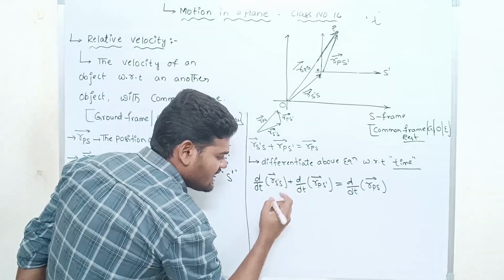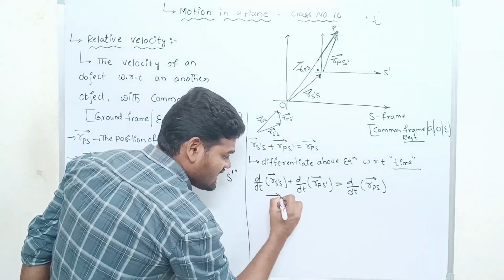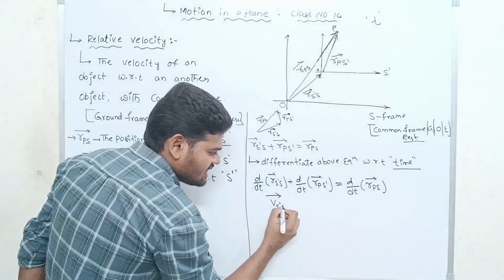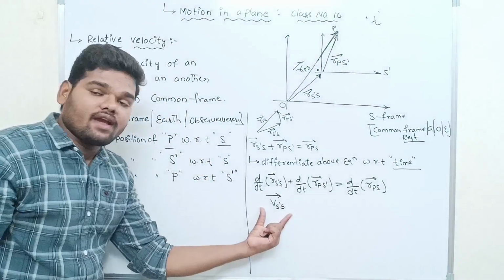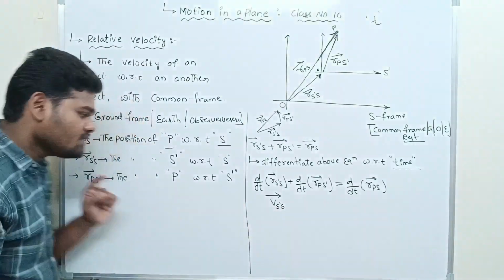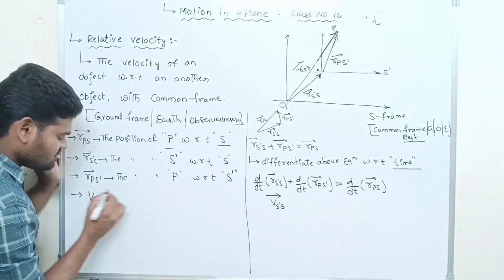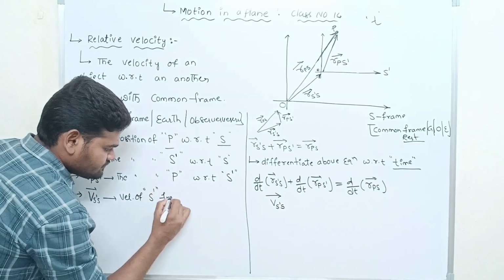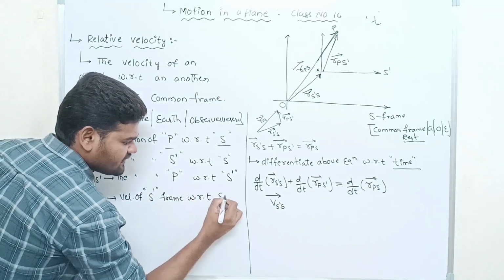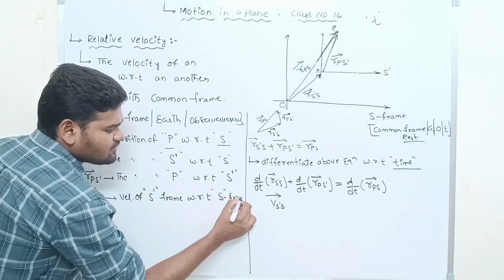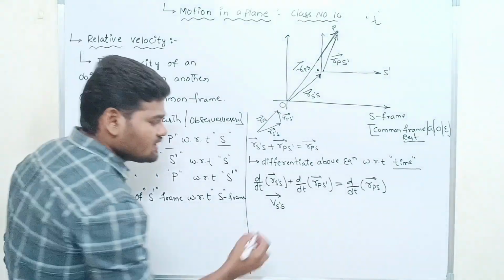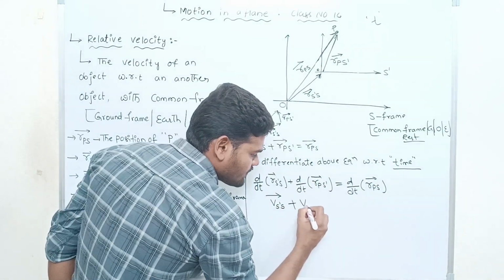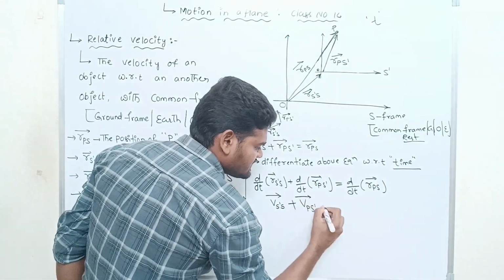So d by dt of R S dash S means the velocity of S dash frame with respect to S frame. So what is V S dash S? Velocity of S dash frame with respect to S frame. S is nothing but the ground frame, observing frame, whatever it is. So plus d by dt of R P S dash gives the velocity of particle P with respect to S dash frame.